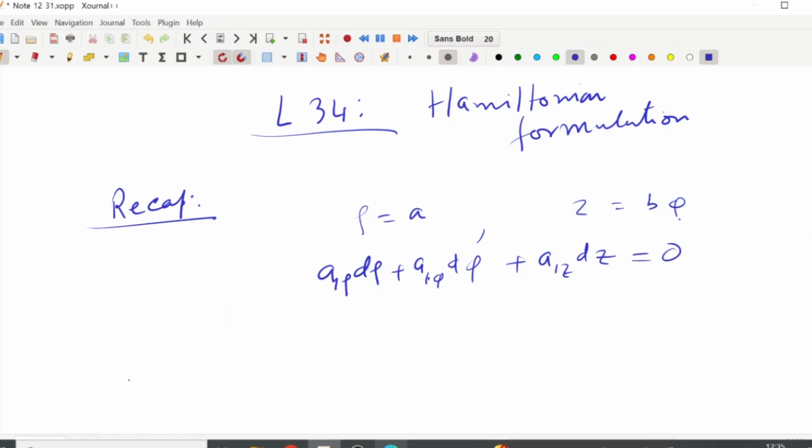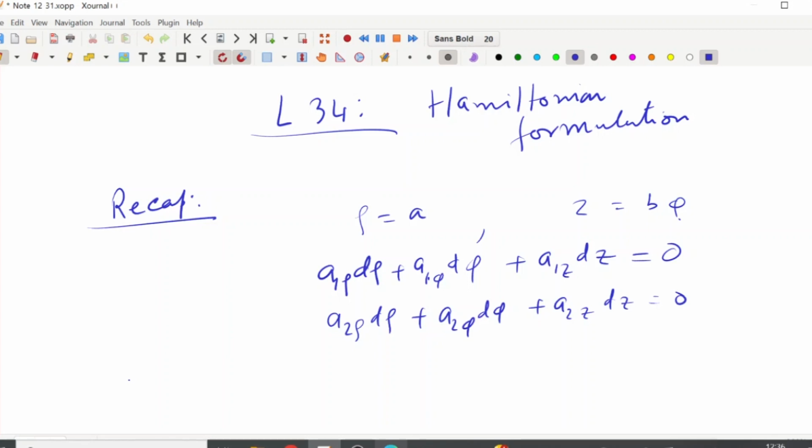And the second equation I can write as A2 rho d rho plus A2 phi d phi plus A2 z dz equal to 0, in this form.